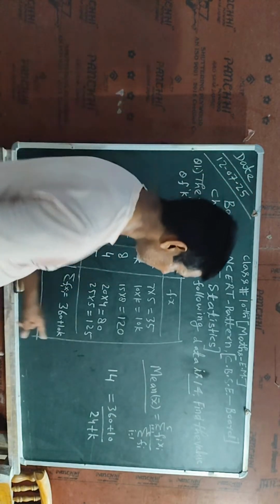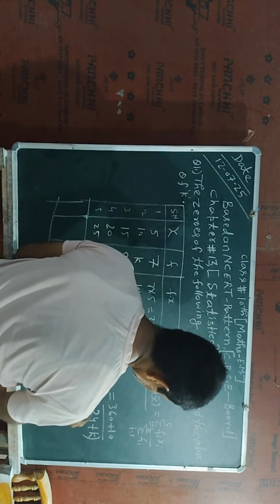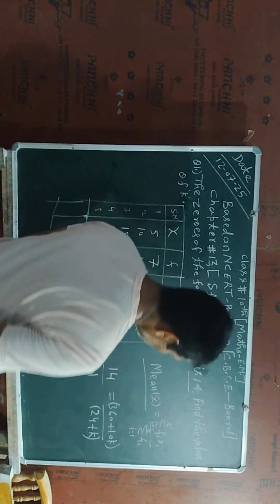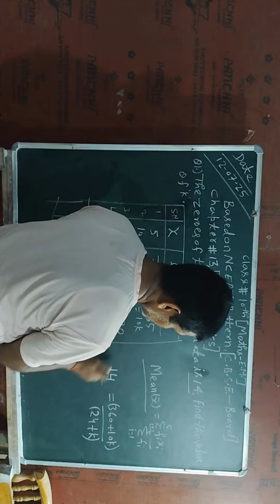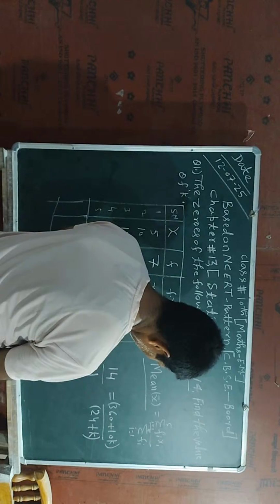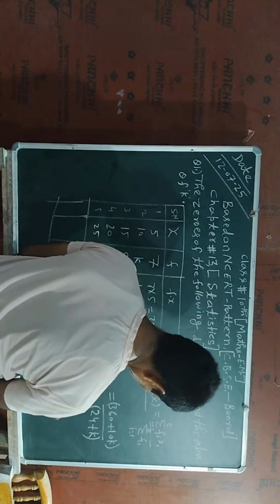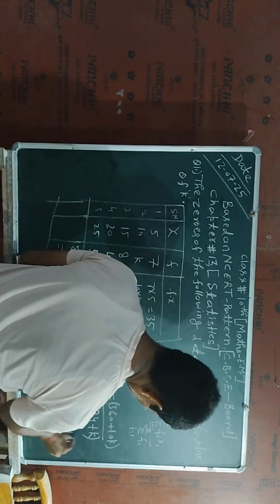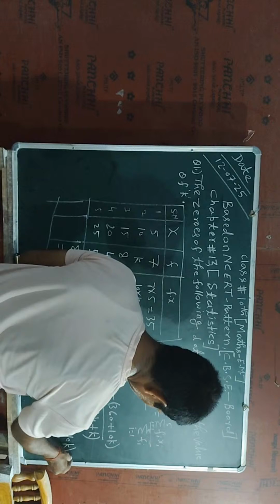Okay student, now here I can write 14 divided by 1, so I will do cross multiplication. After doing cross multiplication, then I will simplify. So here I will write 24 plus 8, which is multiplied with 14, and then I will write 360 plus 10k, and I will multiply with 1.